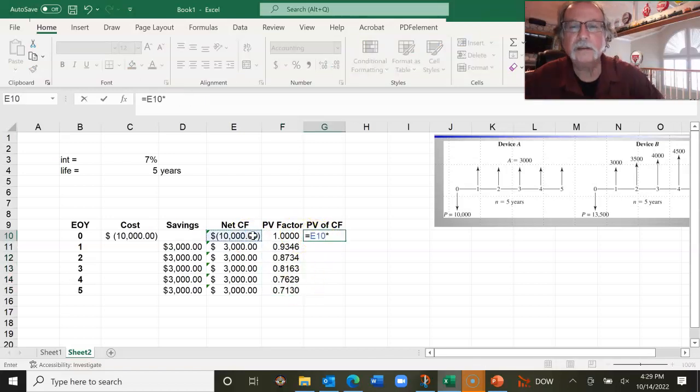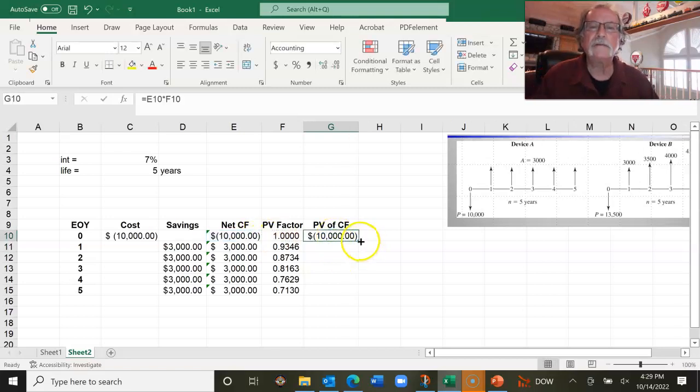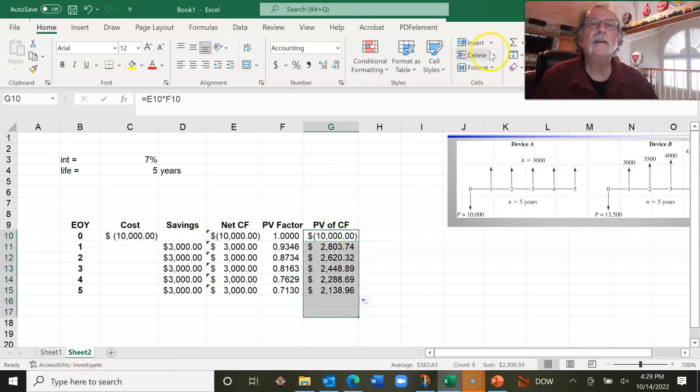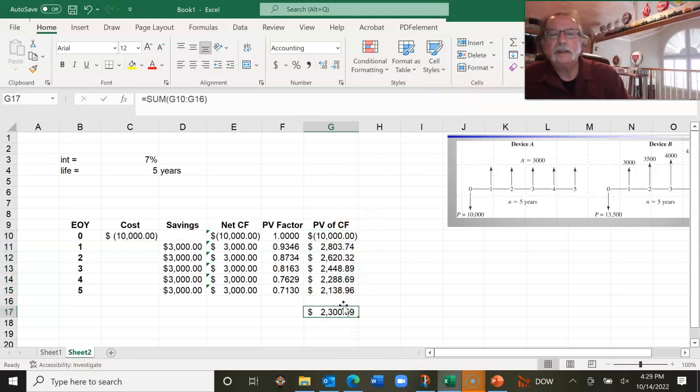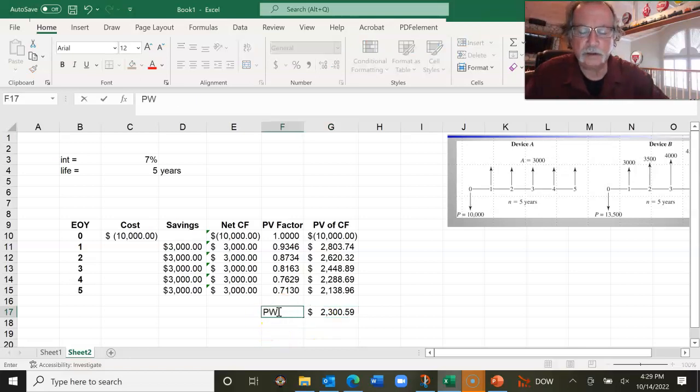Our present value is the net cash flow times the present value factor. Sum it up. $2,300. So the present worth equals $2,300.